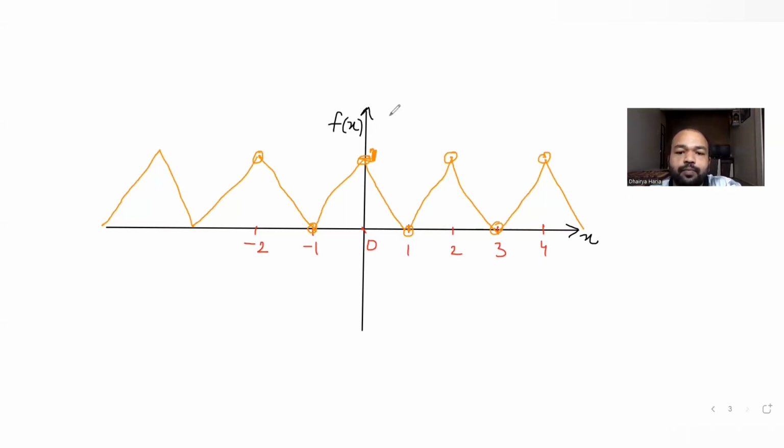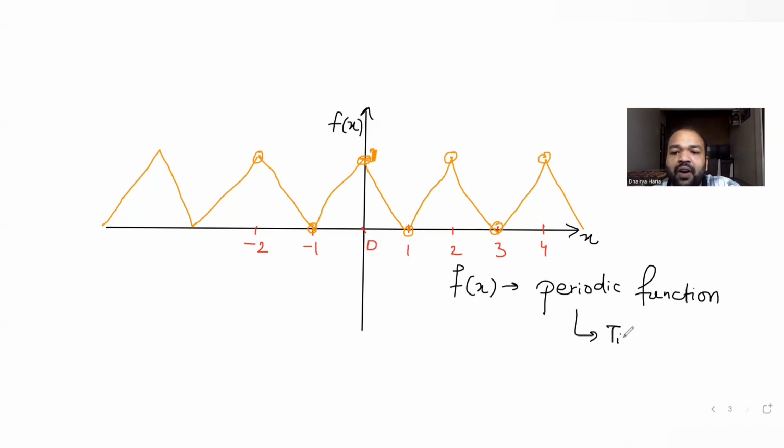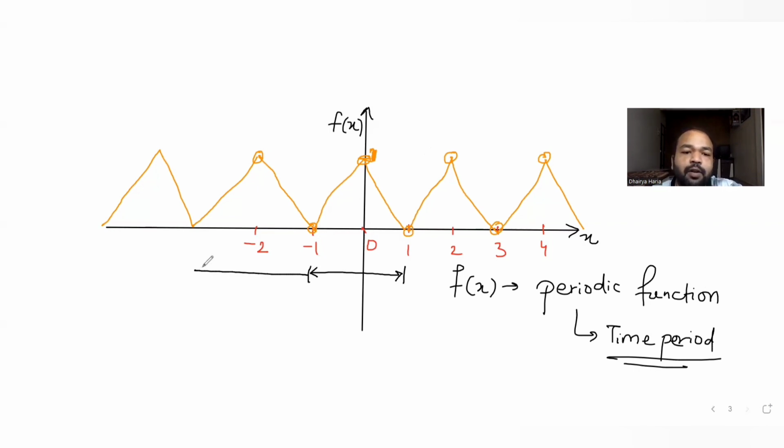And so if I write that f of x is my periodic function, and if I try to find out the time period here, I understand that it becomes 0, becomes 1, again becomes 0. So from minus 1 to 1, whatever the function follows, that same cycle is repeated from minus 1 to minus 3. That same cycle is repeated from 1 to 3 as well. From 3 to 5, again that same cycle repeats.